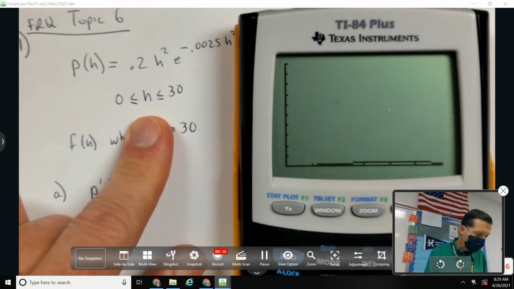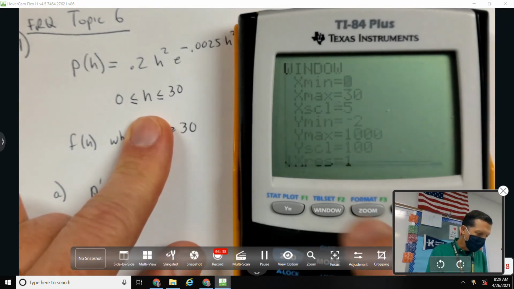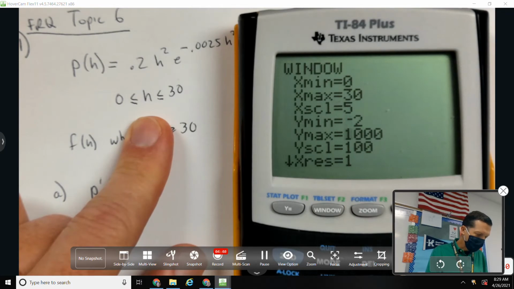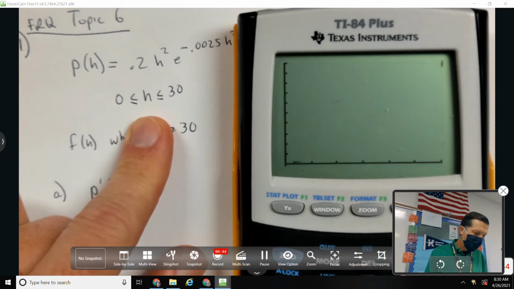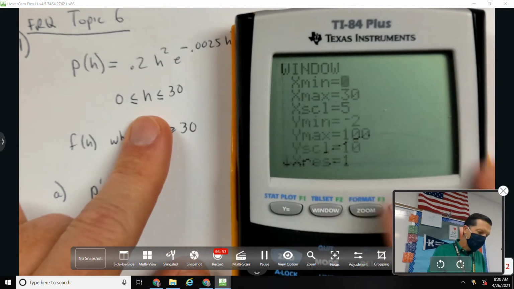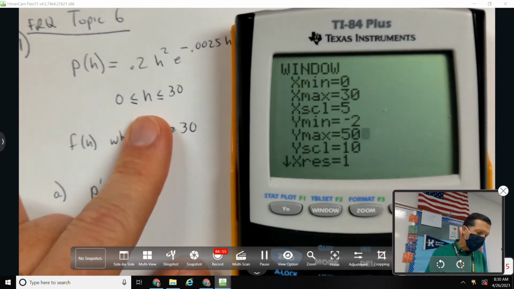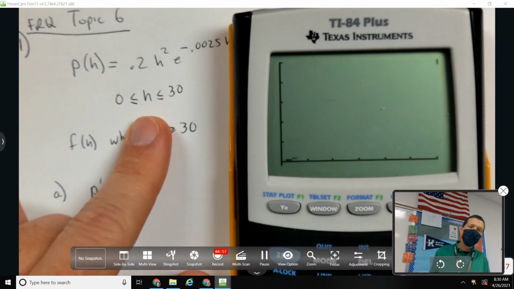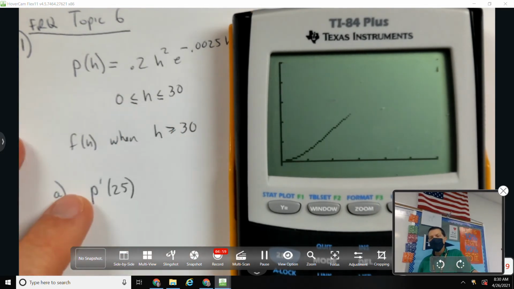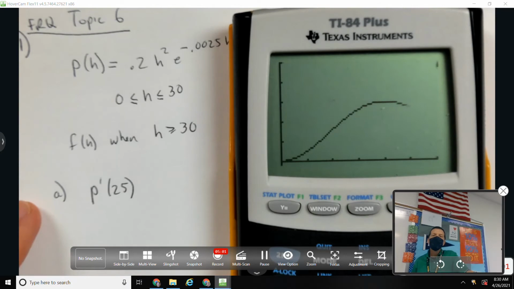Not that big. Window, y max 100 maybe. There we go. That's reasonable. I guess I could change it to 50. I don't know. Probably shouldn't spend too much time messing around with a window. But you do want what you look at to make sense.